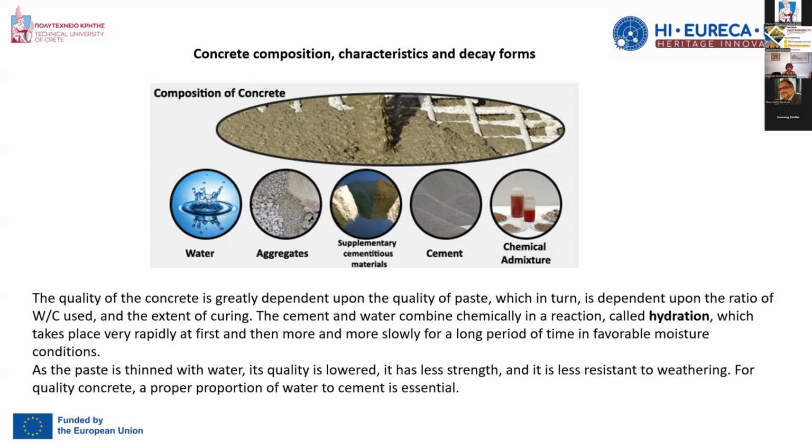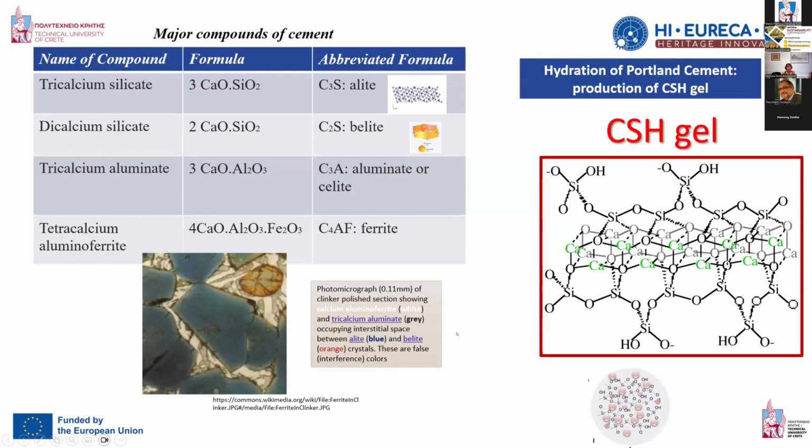It is important to underline here that if the paste is thinned with water, then its quality is lowered, and this has an impact on the strength of concrete, and therefore the concrete becomes less resistant to weathering. So it is essential for a high quality concrete to have a proper proportion of water to cement.